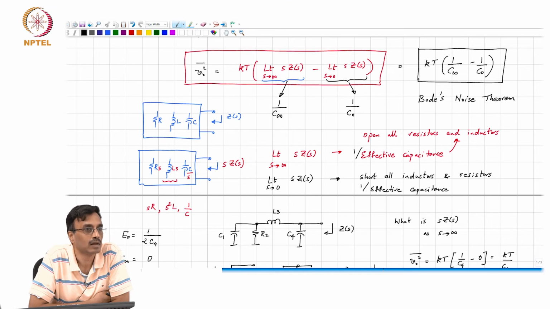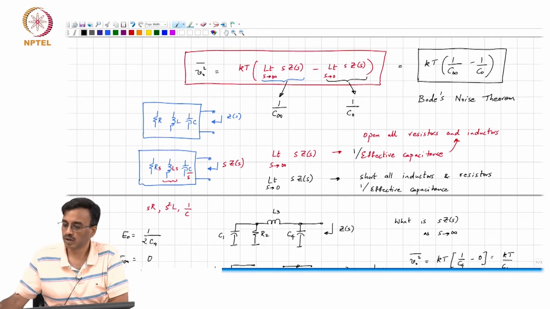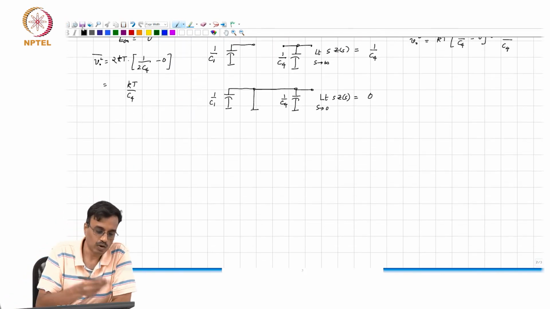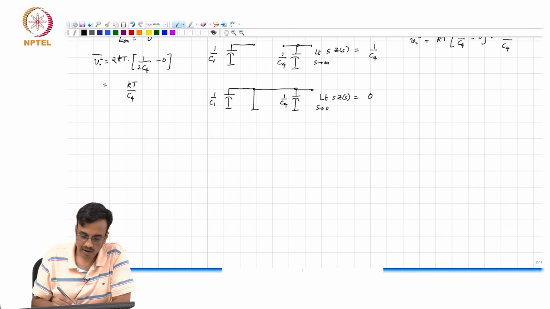Yes? If the network contains only L and R like this, then okay, I mean the question, I was hoping somebody asked this question. So, a very legitimate one. He says, oh well, what happens if you have a network like this?